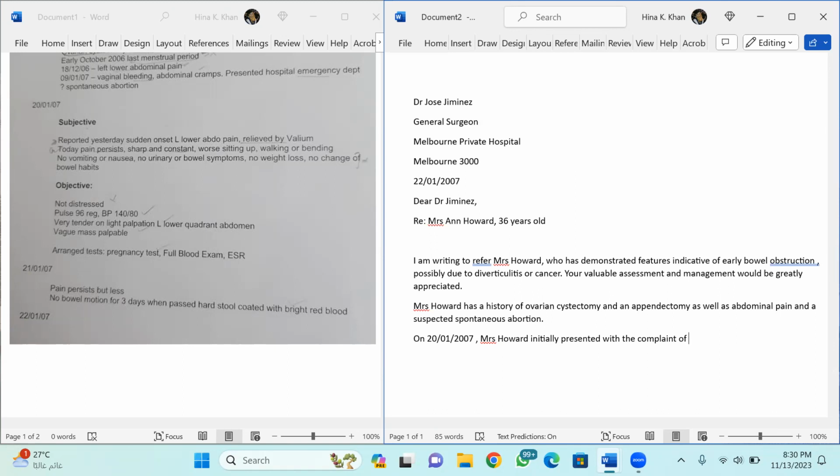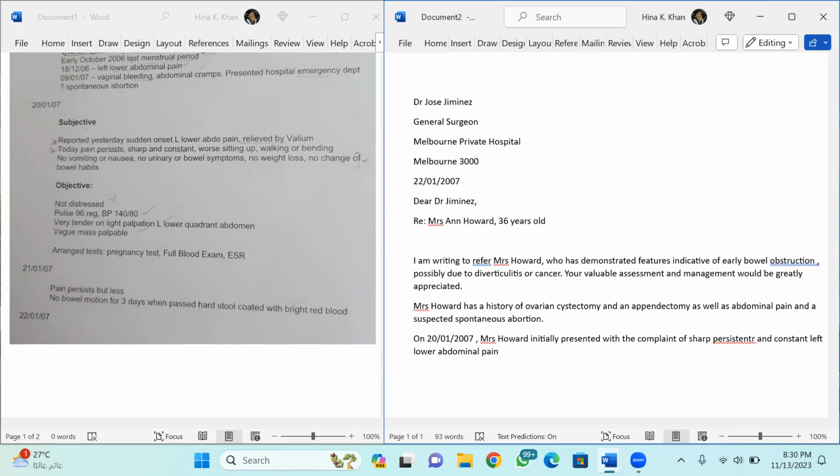She presented with what? Sharp, persistent, constant pain. Present with the complaint of sharp, persistent, and constant left lower abdominal pain.